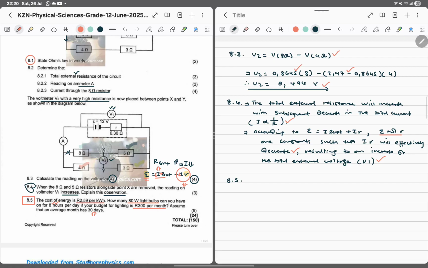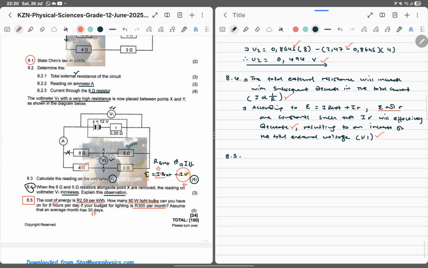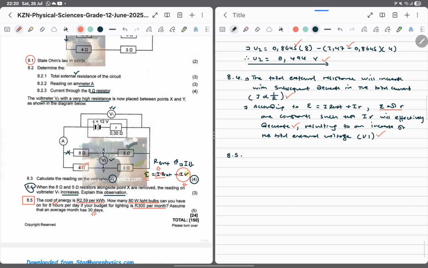But you should care. And you should remember. It should bother you when you don't know these things. So now it says, how many 80 watt bulbs must we put here? So guys, here's the thing. We need to know how many kilowatt hours can we purchase with 300 rands, right?